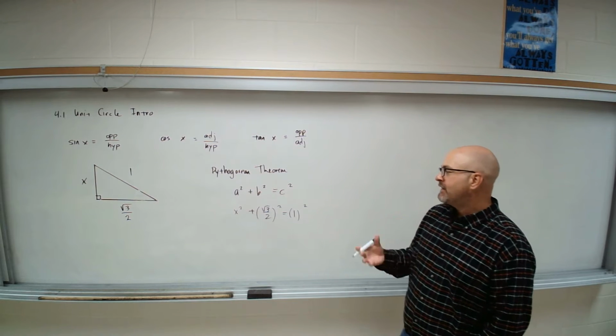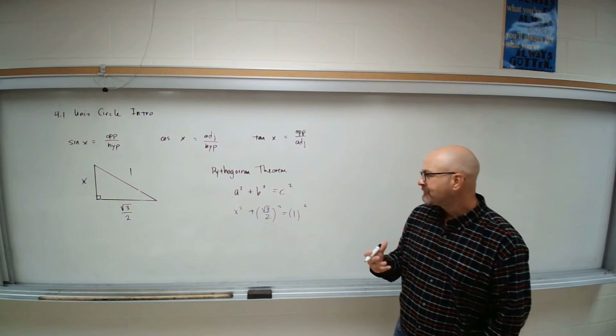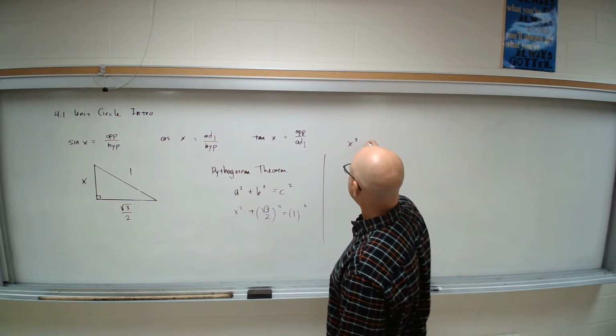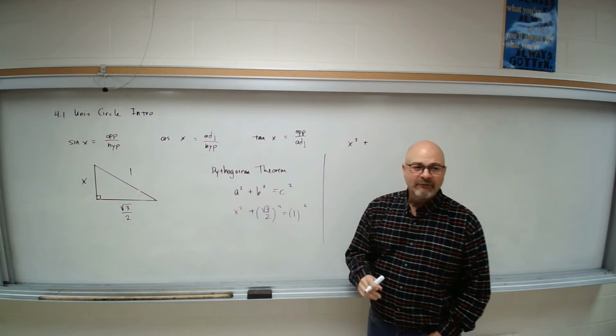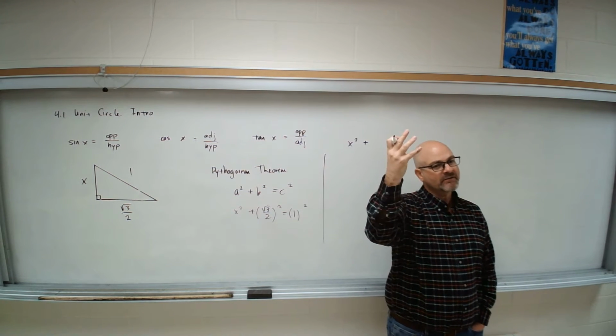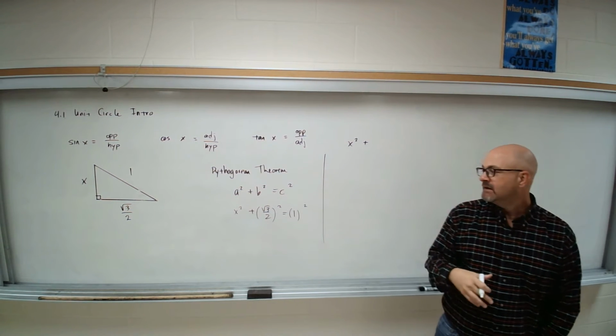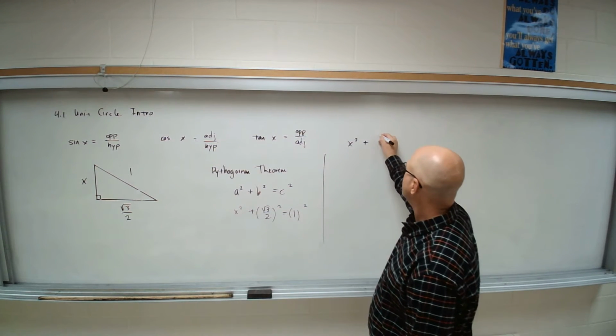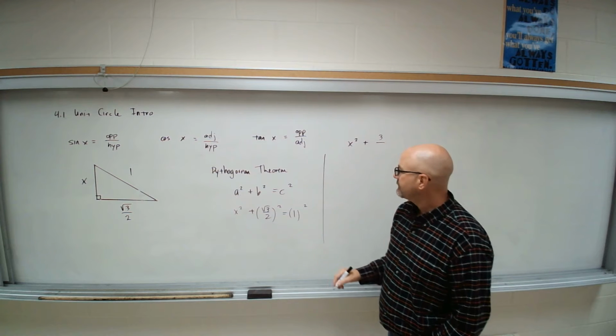Now, we think back to our radical rules. x squared just remains x squared. But if you have radical 3 over 2, anytime you have a fraction and you square it, you just square the top and you square the bottom. So radical 3 squared is 3. 2 squared is 4.